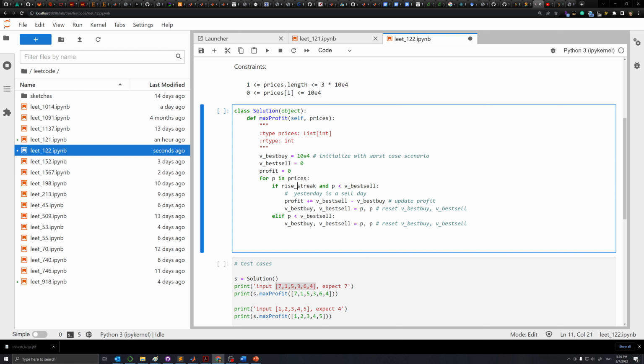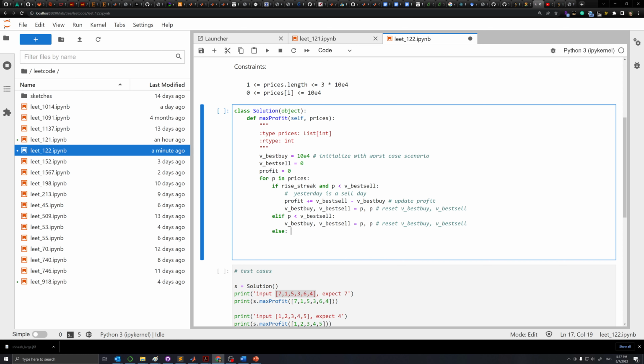But hey, don't you think that these two are so similar? We also need to somehow update the rise streak or something, right? But anyway, these are price drops, right?